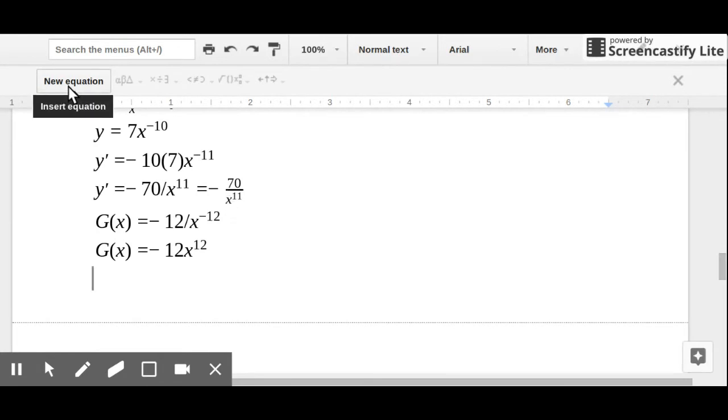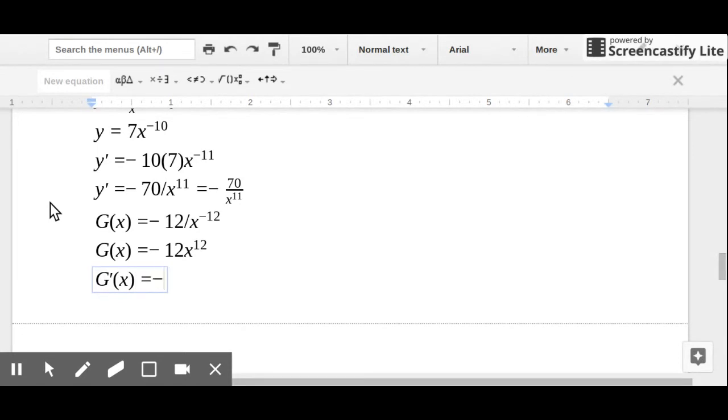Right. And now we're going to find that derivative. We're going to write g prime of x is equal to, taking that 12, bringing it out front. I'm going to go ahead and leave that negative there. And we have x raised to the negative 11.